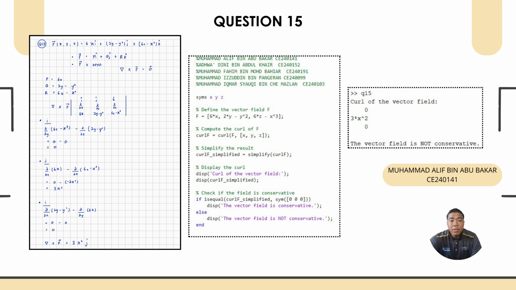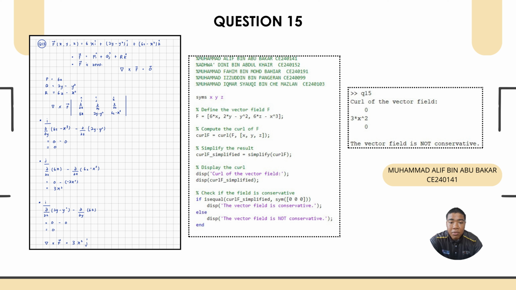Then, for question 15, conservativeness of a vector field. For the manual calculation, we are given a vector field F equals 6x i plus (2y minus y squared) j plus (6z minus x cubed) k. To determine whether the field is conservative, we compute the curl of the vector field.